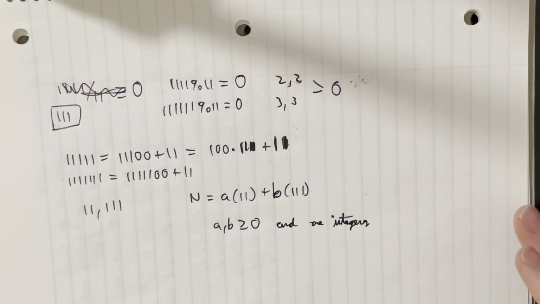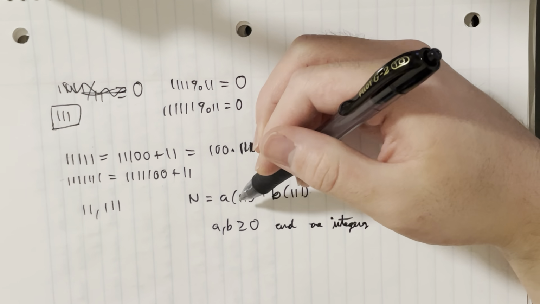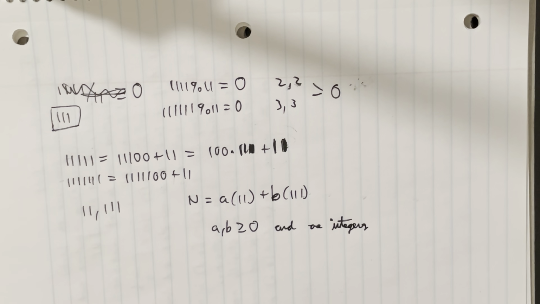Okay, and so from here, there's a little theorem, I guess. I think the official name is the chicken nugget theorem or something like that. If you're familiar with Diophantine equations and how number theory works in general, you don't actually have to know Diophantine equations to solve this problem.